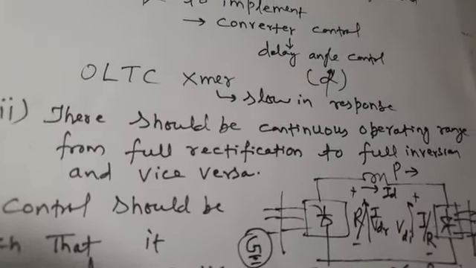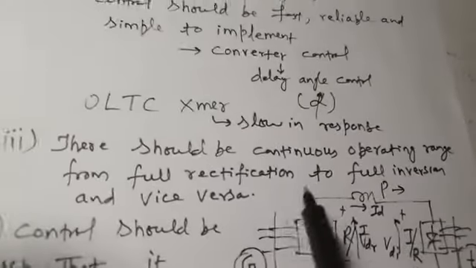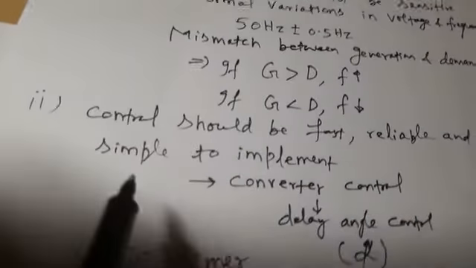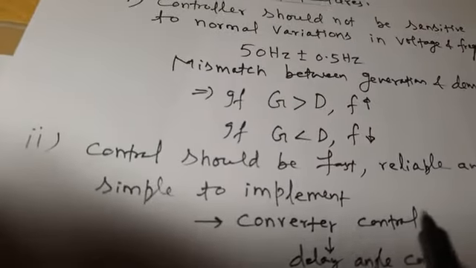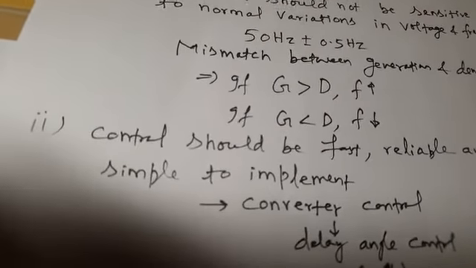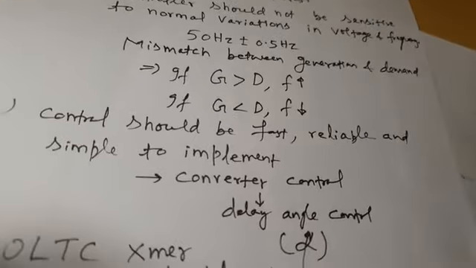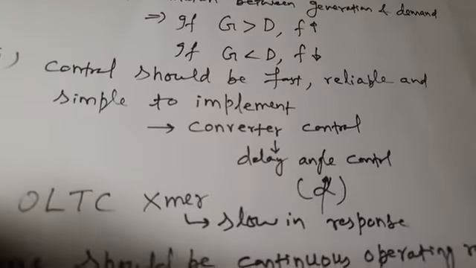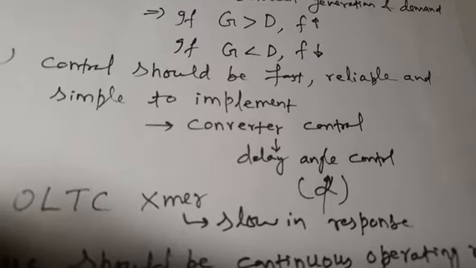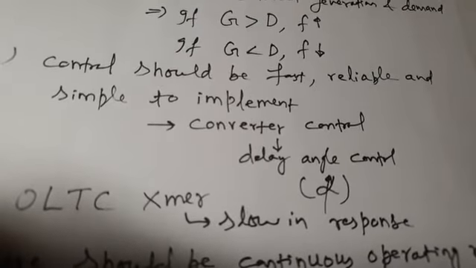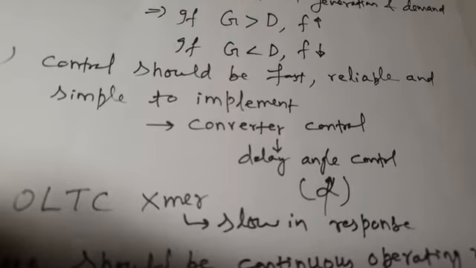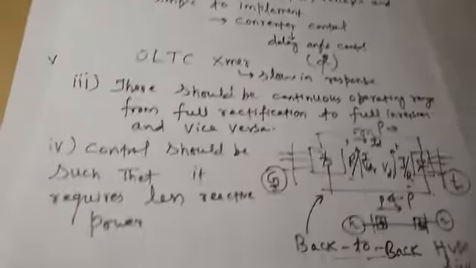The next desirable feature is that control should be fast, reliable and simple to implement. Your control comprises electronic control and OLTC, online tap changing transformer control. OLTC control is mechanical in nature and slow in response, but your alpha control, converter control, is very fast and reliable also.